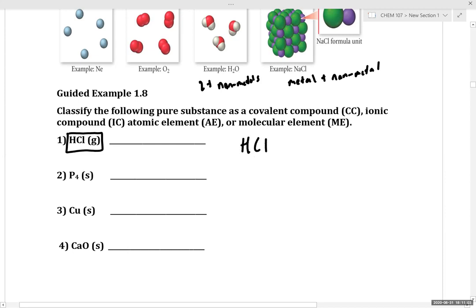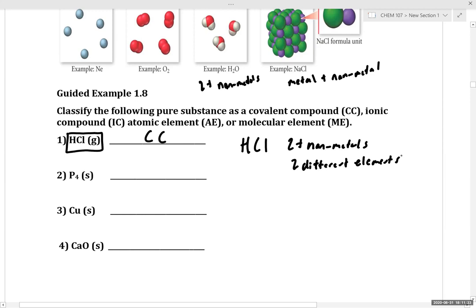In HCl, we have two or more nonmetals. Remember, hydrogen is a nonmetal, even though it's in group 1A. So as a result, we would expect a covalent compound because we have two or more nonmetals and two different elements.